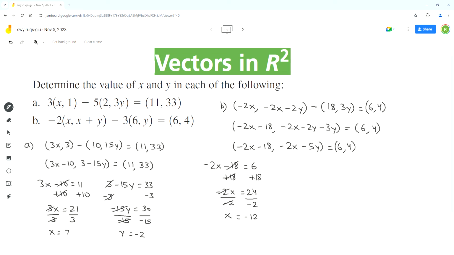Now we can write an equation for the y component. So we can sub in x as negative 12 in this equation. Negative 2 times negative 12 is positive 24.